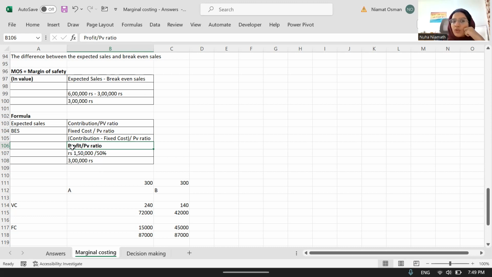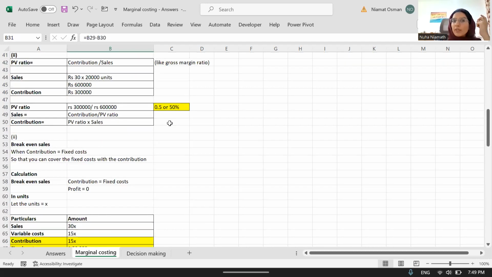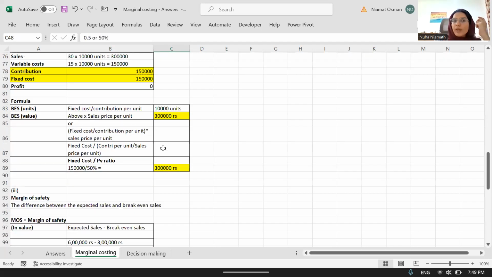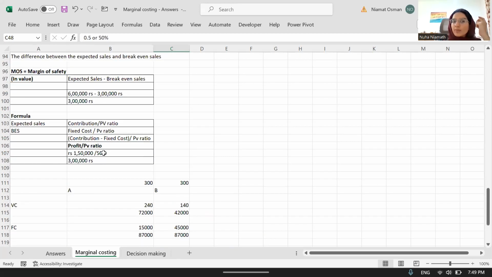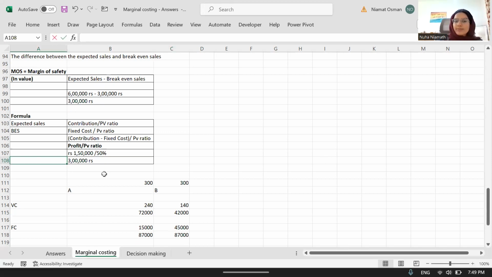So profit we know is 1,50,000. We got it above when we calculated here. PV ratio we have 50%. So when we did 1,50,000 by 50%, we got our margin of safety to be 3 lakhs. Does somebody still want a clarification on how we derived that profit by PV ratio?